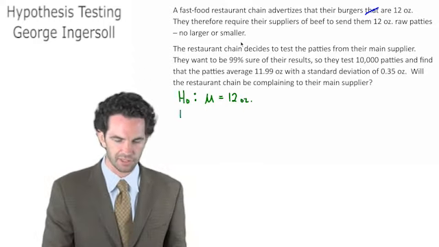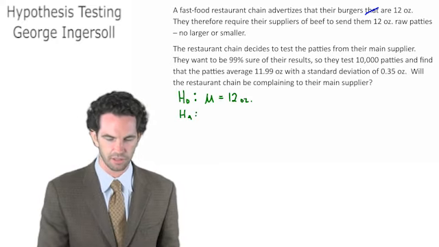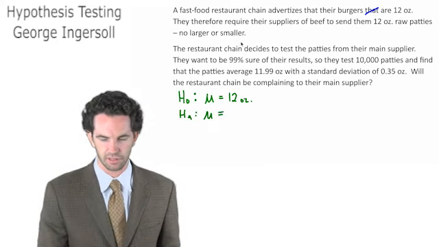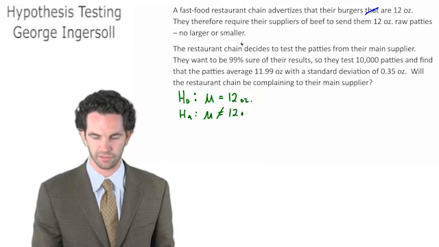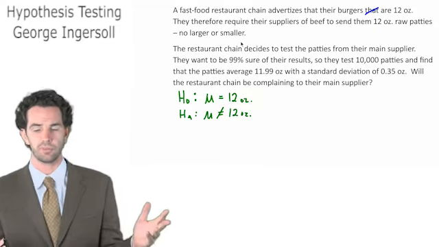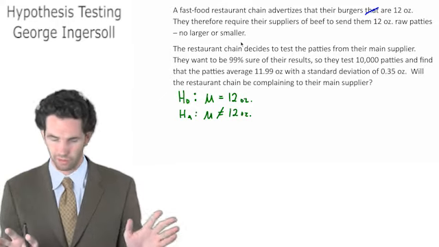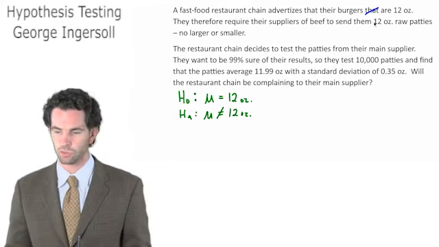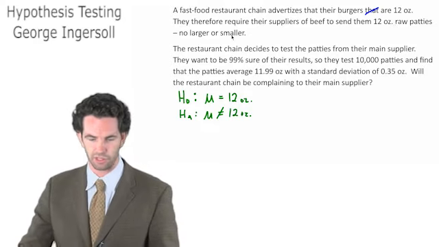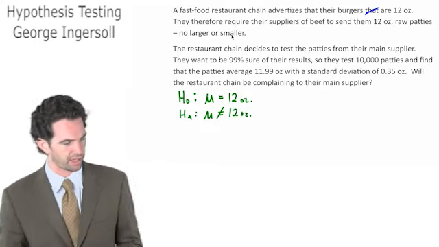The alternate hypothesis is that the population of patties being supplied is not equal to 12 ounces. So they might be larger or they might be smaller. We don't want them to be larger or smaller. So they require their suppliers of beef to send them 12-ounce raw patties, no larger or smaller. So that's our null and alternate hypotheses.